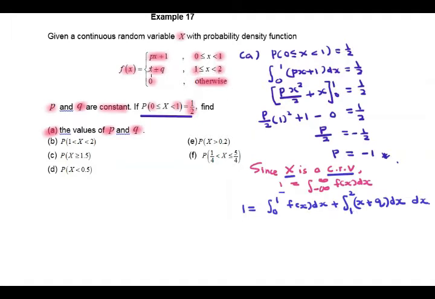The corresponding function is x plus q. And from the information given, the integration from 0 to 1 is equal to half. So we substitute the first part as half plus integrate x is x squared over 2, integrate q is qx.